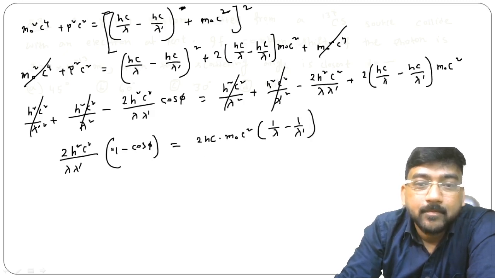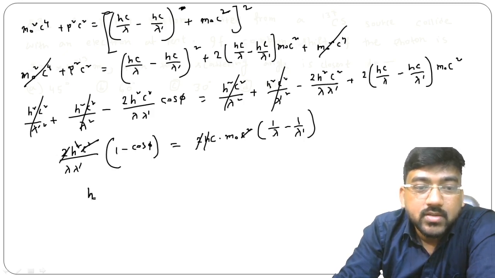Now you can see this h square c square, so this c square will be cancelled out, hc here also, so one h will be cancelled out, and this 2 will also be cancelled out.